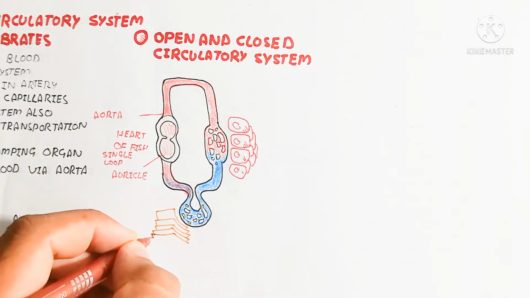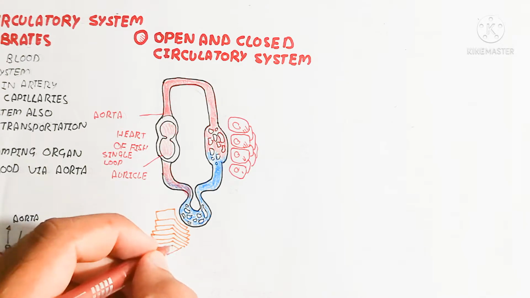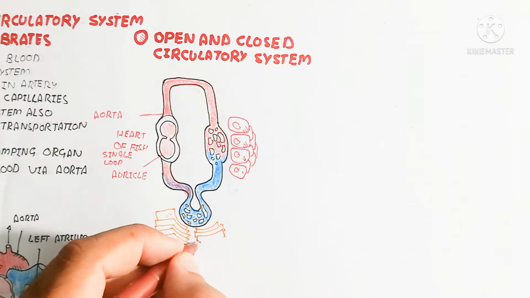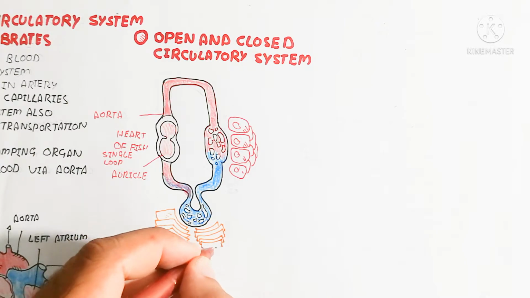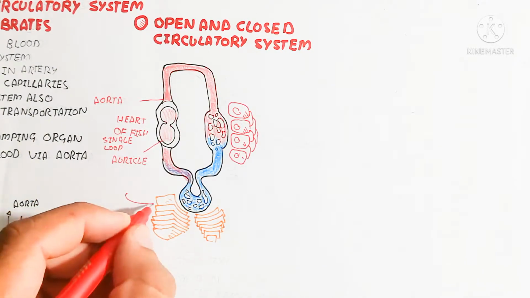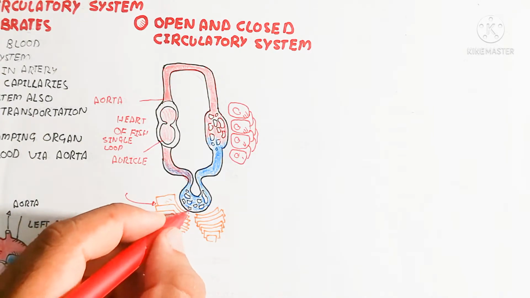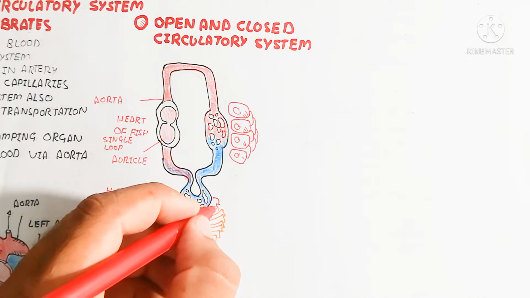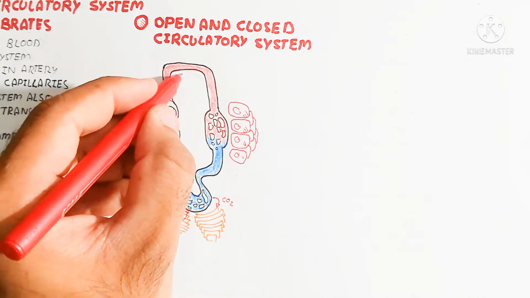Here are the gills, which absorb the oxygen from the water and move it into the capillaries embedded in the gills, and the oxygen moves to the heart, the heart auricle, which is the heart of fish.